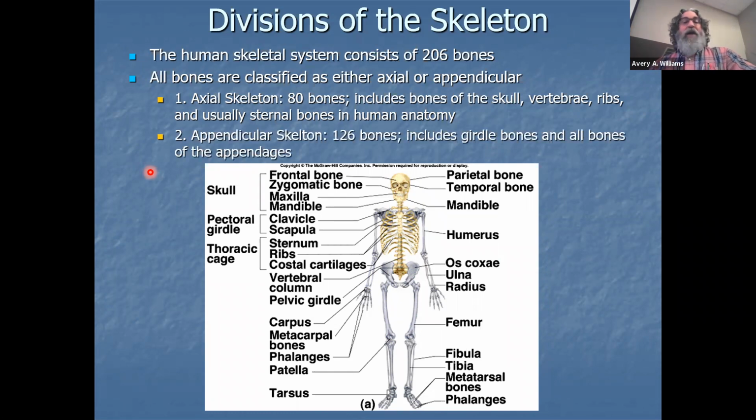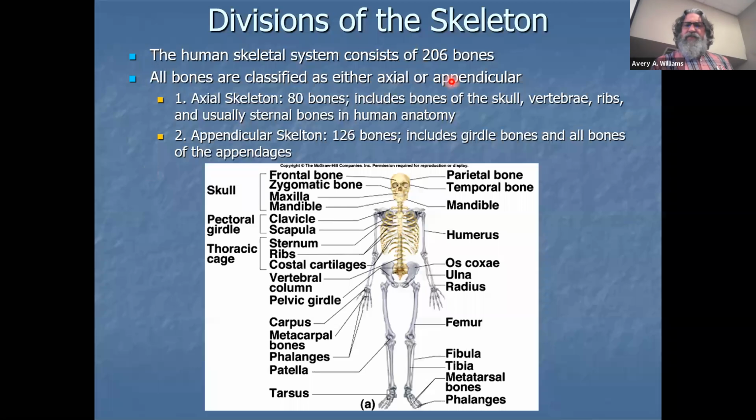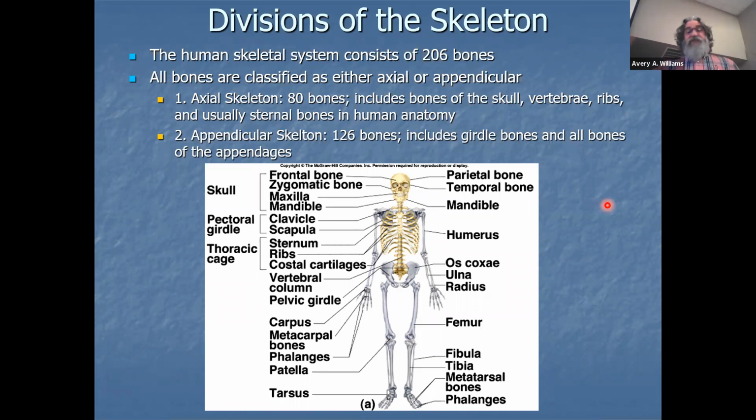Now, when we talked about appendages, right? The appendicular regions, remember all that? That's basically what you have, the remaining 126 bones of the appendages, which includes the girdles. And this is where you get some overlap, because when we talked about the regions, the girdles are actually part of the body's axis.